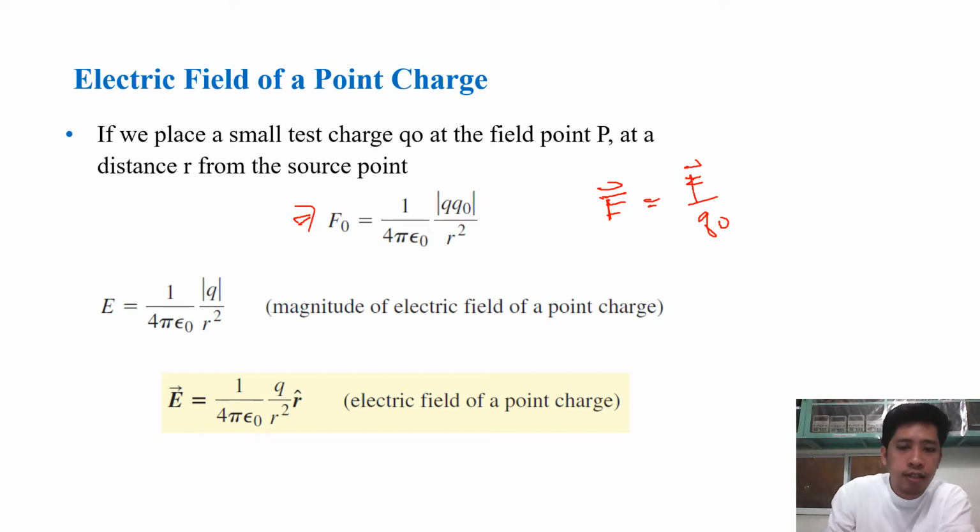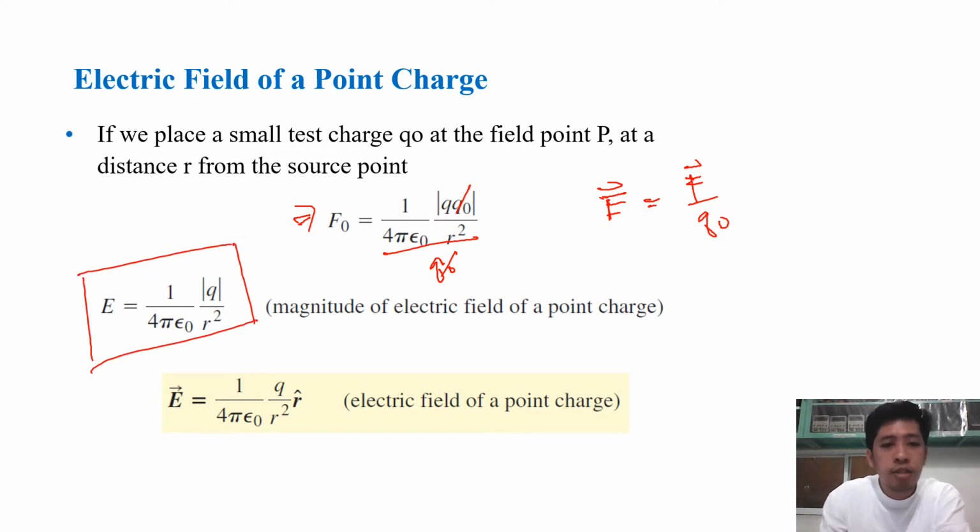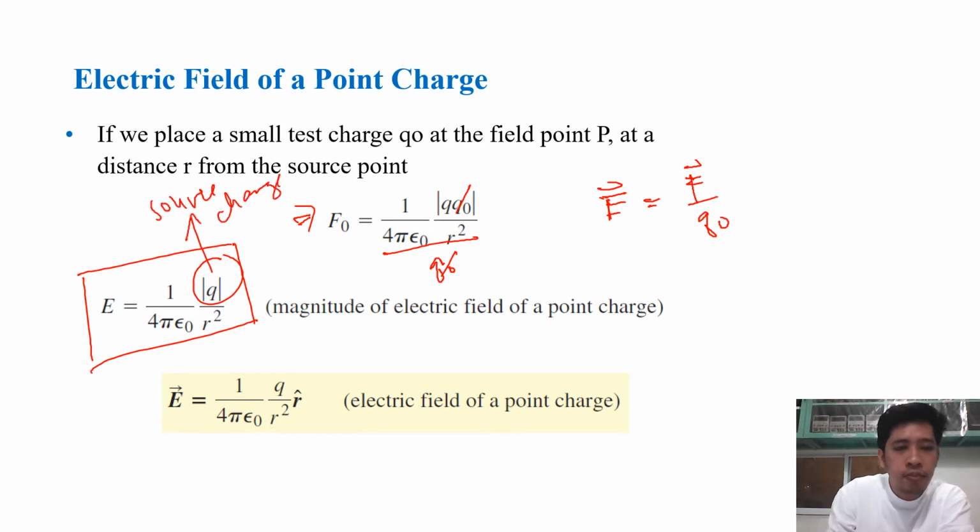So Q naught just cancels out, and your electric field is just 1/4 pi epsilon naught times Q over r squared. Here, Q is your source charge, just a single source charge.